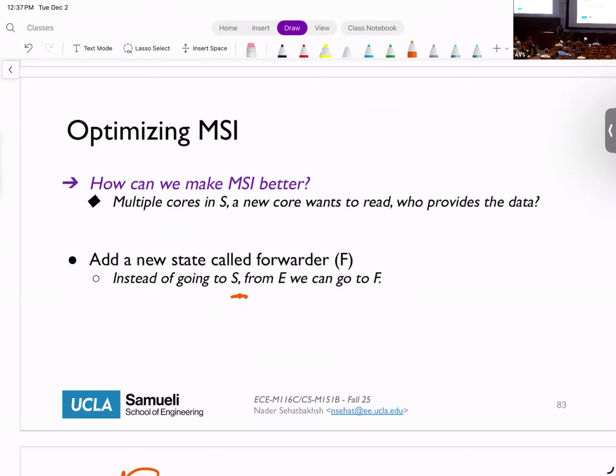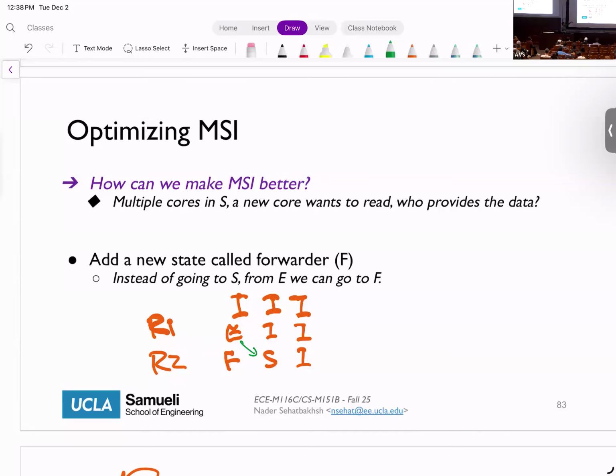So for example, let's say I started from I. Let's say core number 1 reads, and then this one goes to E, and the others stay in I. And now if core number 2 tries to read, E goes to F, I goes to S, and this one goes to I. What will happen is that the data is provided by core number 1.